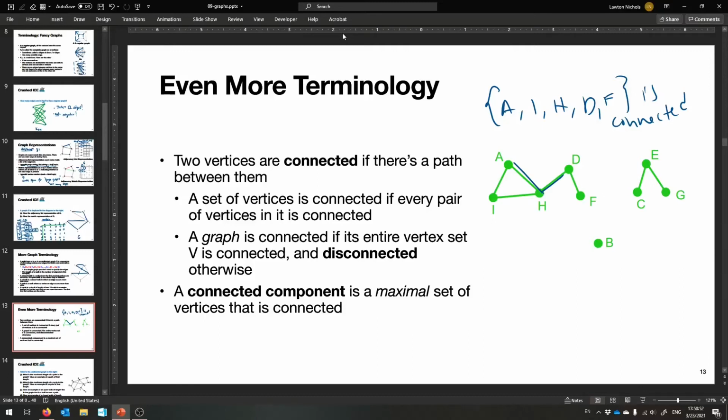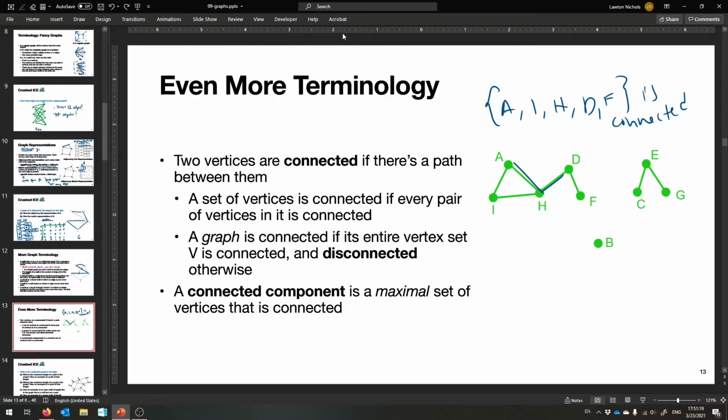So if H wants to get to I, it can use an edge. If D wants to get to I, it can use a few edges. It has options as well. It can either go that way or that way, right? So these are connected. This is also connected. All these are connected. B is only connected, sadly, with itself. It's sitting there alone. So that is the idea.